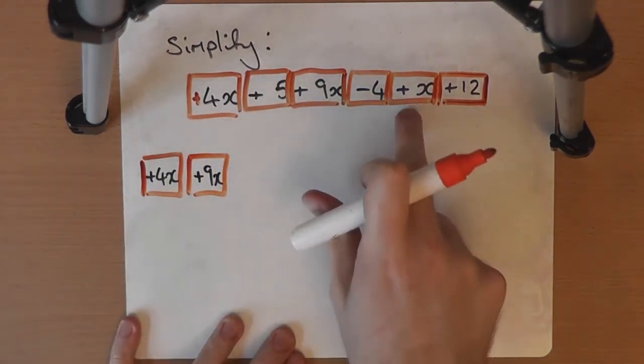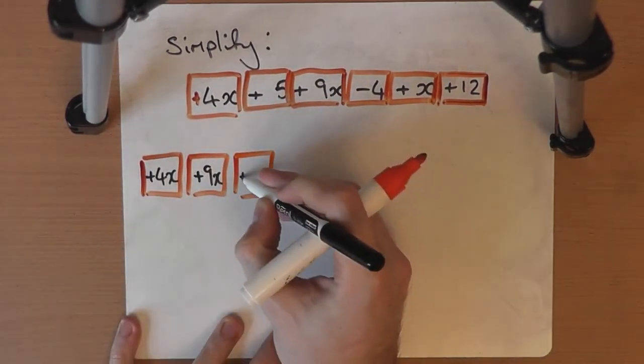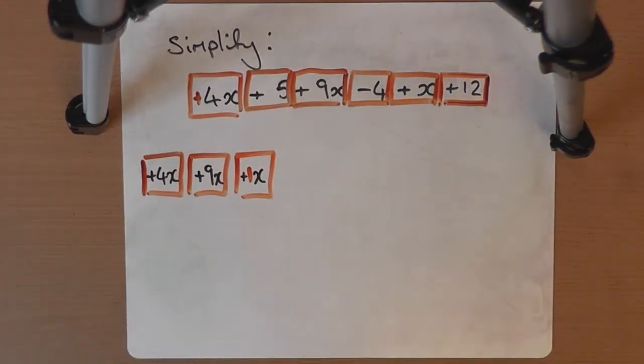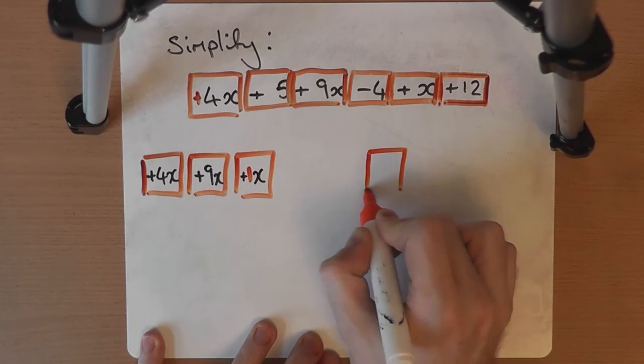And we have got the plus x, which we might find helpful to write as a 1x if you want to put the number in. A letter on its own, remember, is just one lot of it. If you find it helpful to put that 1 in front of it, then you could put that there, but you don't have to.